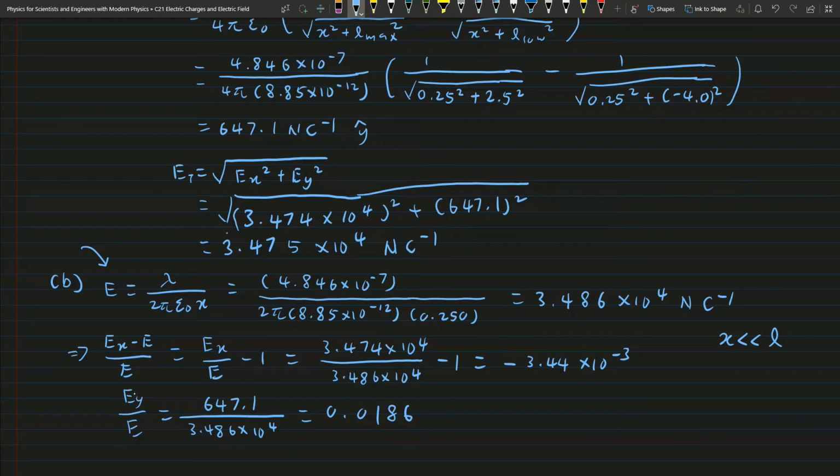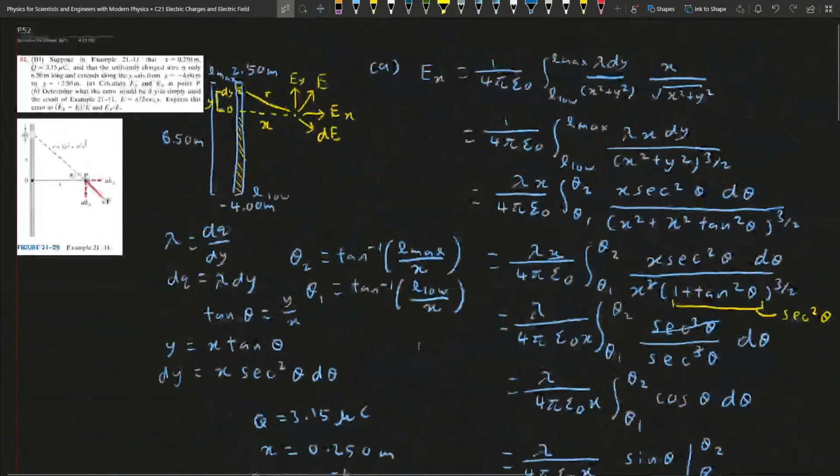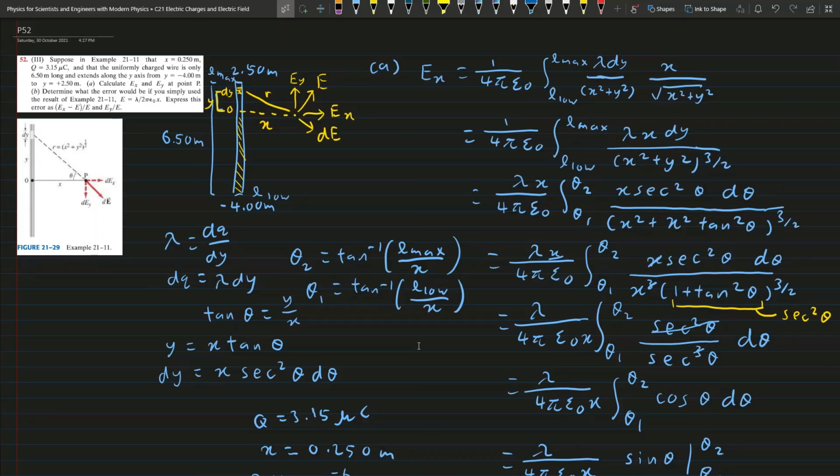And you can see the Ey component is only 0.0186 of E. That means this is small enough to be negligible, so this is a good approximation even if you use the infinite line of charge. So I think this is the answer for this whole question.